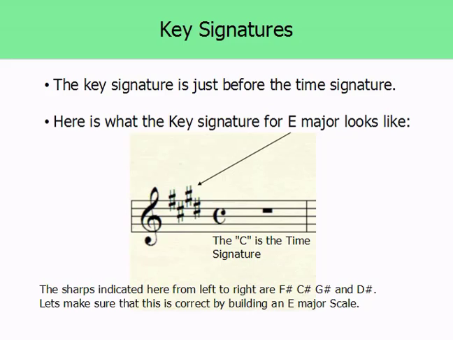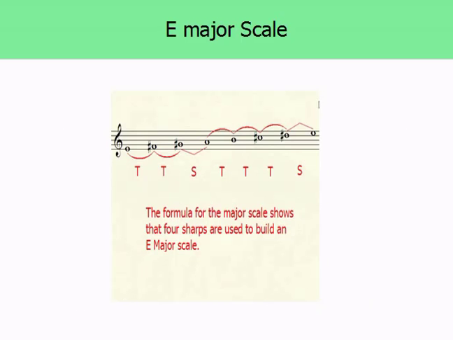The sharps here are F sharp, C sharp, G sharp, and D sharp. And they're put that way in that order on purpose. Okay, so let's make sure that is correct by building our own E major scale, as we've done before. Let's take the formula out again, TTS, TTTS.